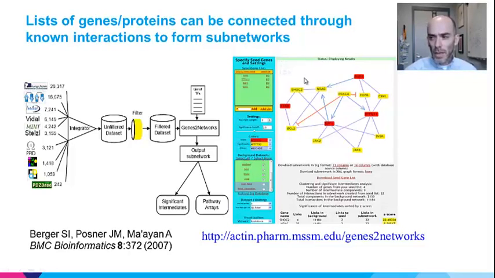The tool takes as input a list of human or mouse genes and then builds a subnetwork using known protein-protein interactions, implementing the shortest path algorithm that we went over before. The example that we look at here is entering the 4 Noonan syndrome causing genes KRAS, RAF, PTPN11, and SOS1, and we can look at this example online.